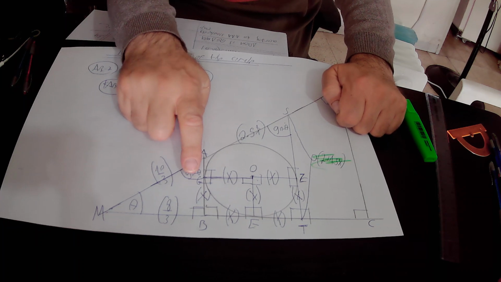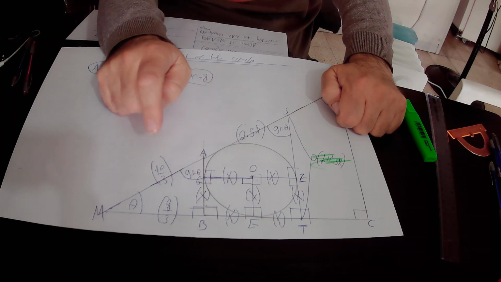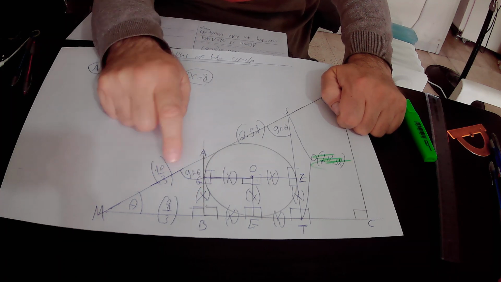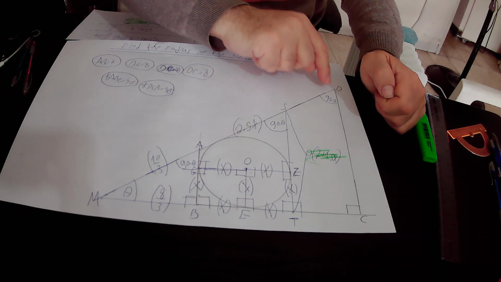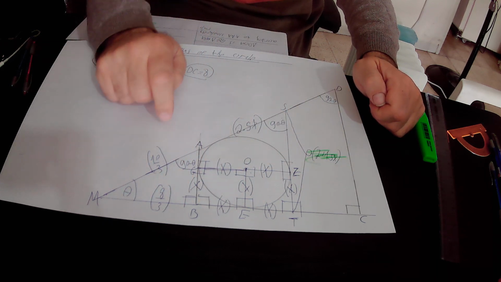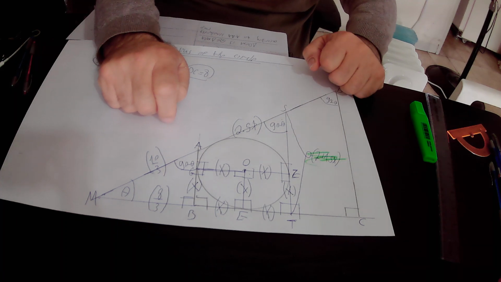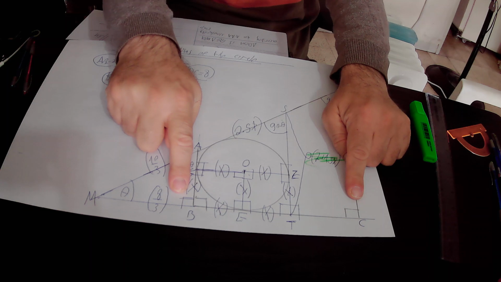So we focus on the right triangle ABM. This angle equals 90 degrees, this angle equals theta, therefore the missing angle must equal 90 degrees minus theta. Then we proved that the big right triangle DCM is similar to the small right triangle ABM. Why are those two right triangles similar? First of all, those two angles are both equal to 90 degrees, therefore they are equal to each other.